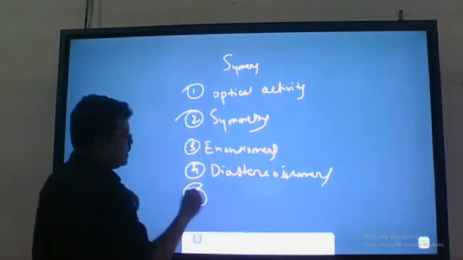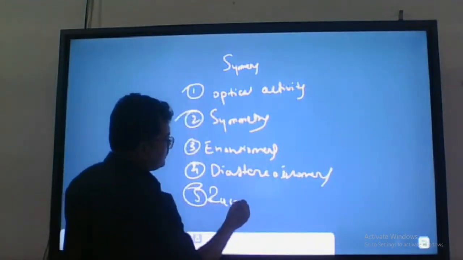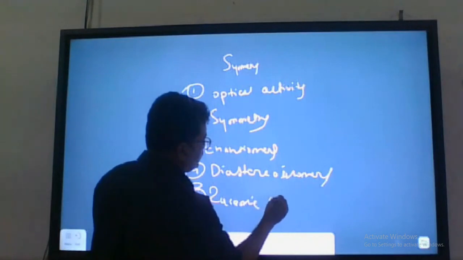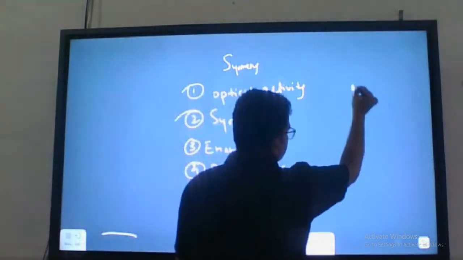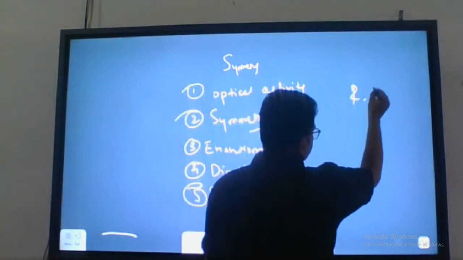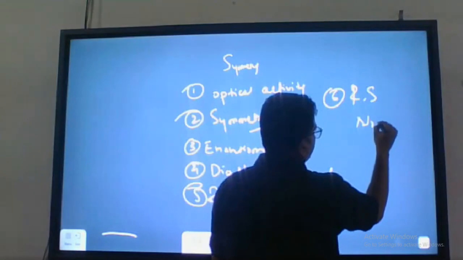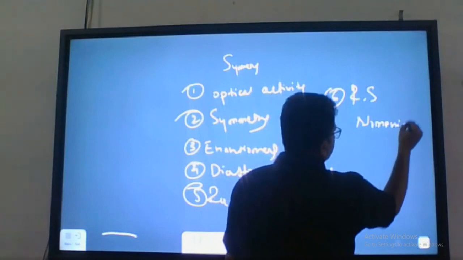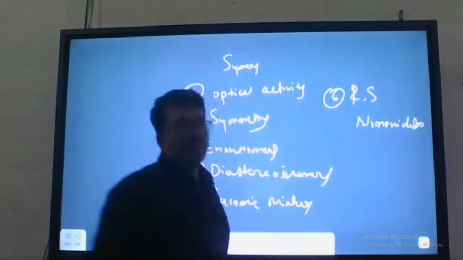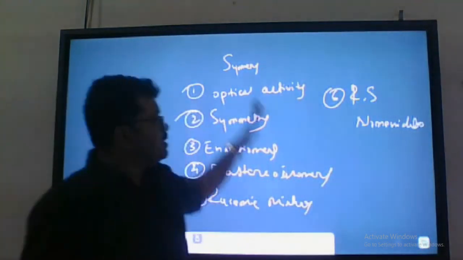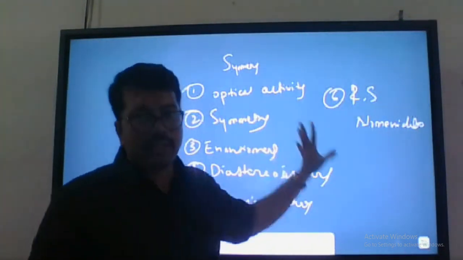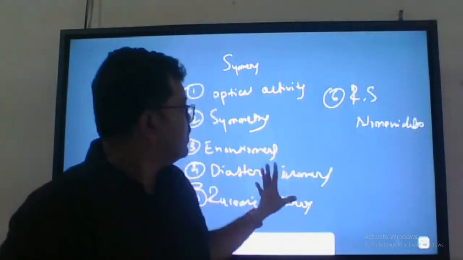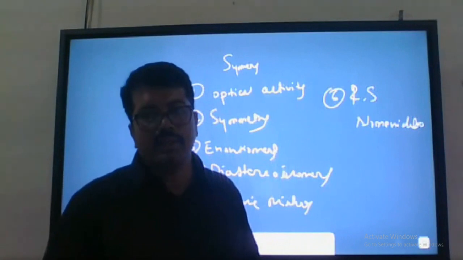Next, racemic mixture, and very important, RS nomenclature. For any competitive examination, you need to know these concepts. So RS nomenclature: these are very important topics for this unit. Okay.